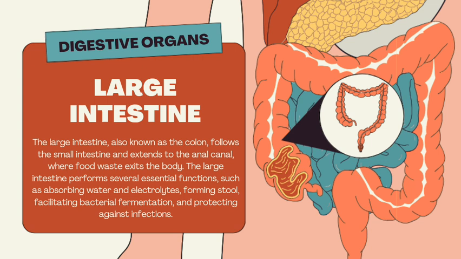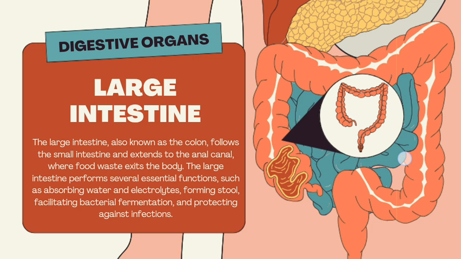The large intestine performs several essential functions, which I have mentioned, including absorbing water and electrolytes, forming stool, facilitating bacterial fermentation, and protecting against infections. The process by which the large intestine absorbs water from the remaining waste material, helping to form solid stool, is what we call water absorption. Then we have the gut microbiome.